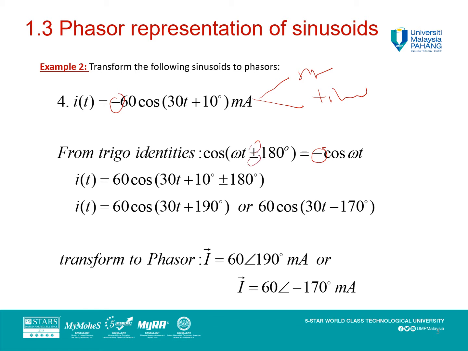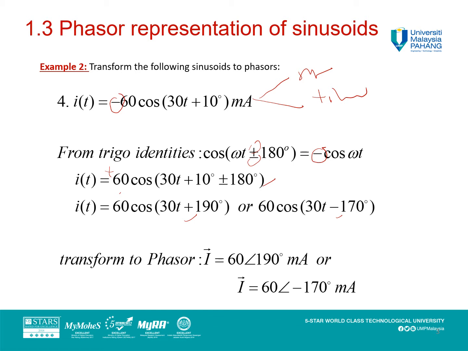So from -60 cos, you directly convert to a positive amplitude 60 cos(30t + 10 degrees), and for the reference you do plus or minus 180 degrees. For the first you do the addition, or for the second you do the subtraction. We can use both answers in the next calculation.